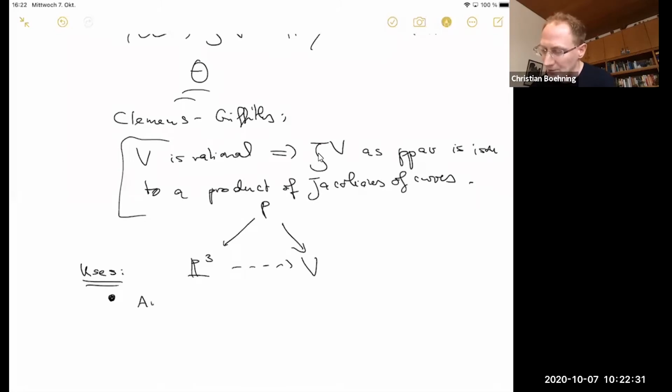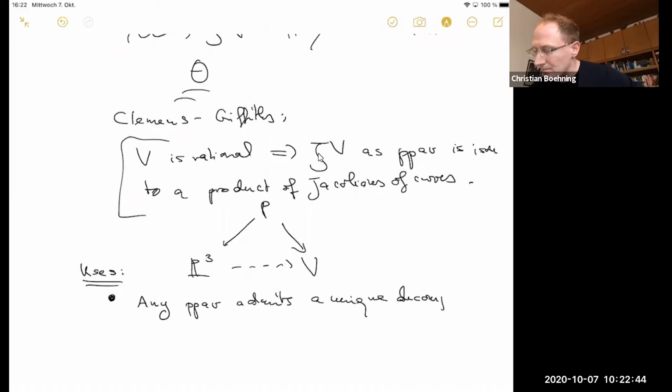So they have these properties that any principally polarized abelian variety admits, after reordering the factors, a unique decomposition as a product of indecomposable principally polarized abelian varieties.